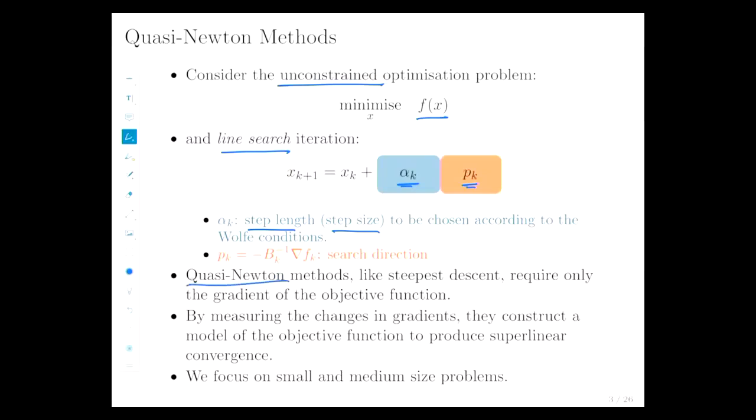So the family of quasi-Newton methods now might include steepest descent, because what was B in the steepest descent? It was the identity matrix, right? It's like saying, if in Newton's method I don't want to calculate the Hessian, but I always assume the Hessian is identity.